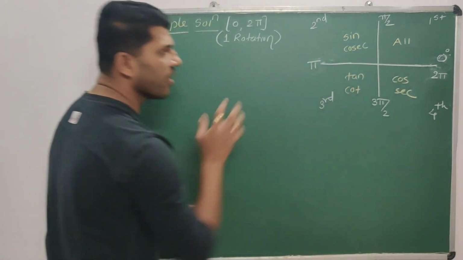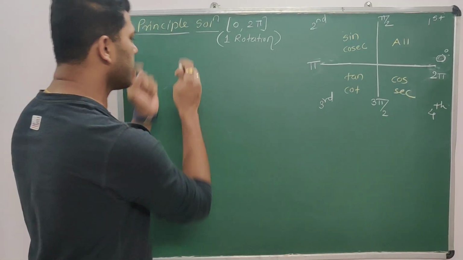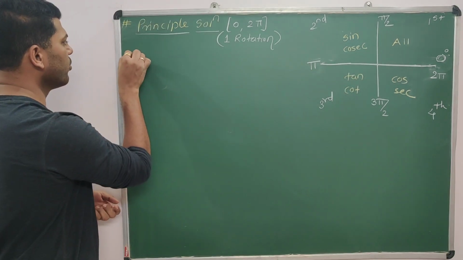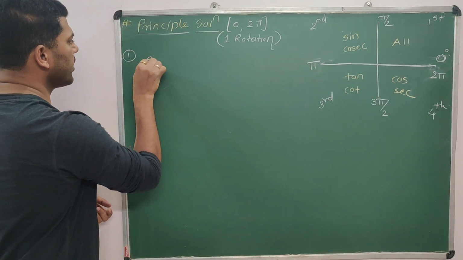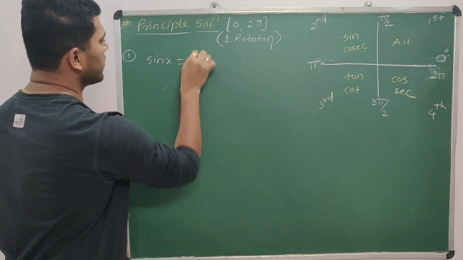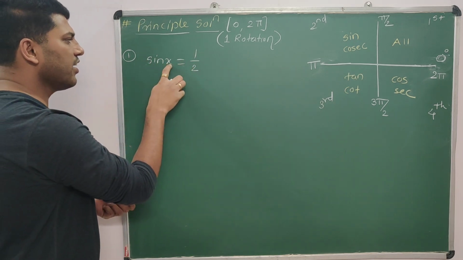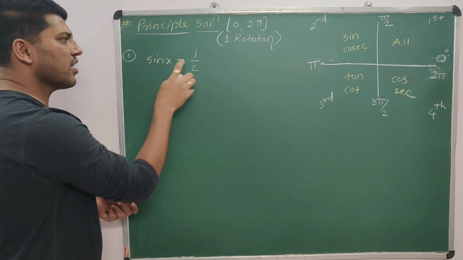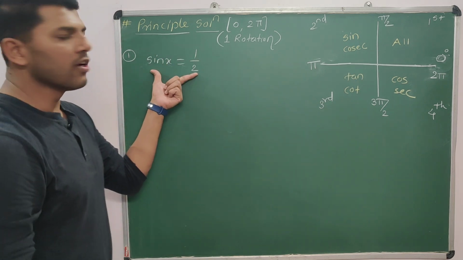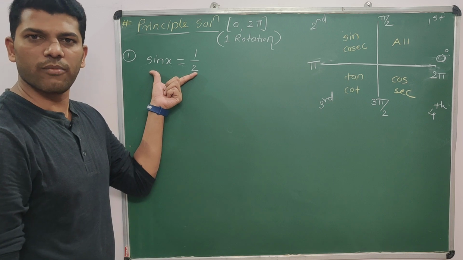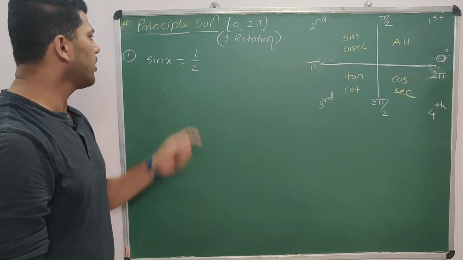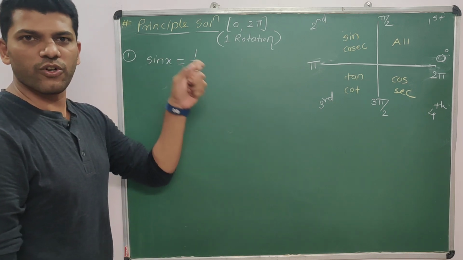Now we have to take the help of allied angles to find the principal solution. Let me explain with one example. Let's say sin x is half, or sin theta is half, and I want the principal solution for this trigonometric ratio. Now friends, tell me, is sin positive or negative here?